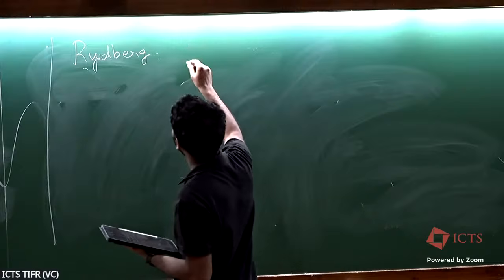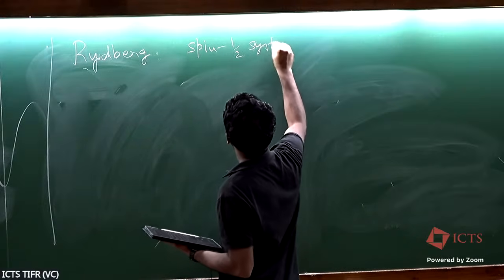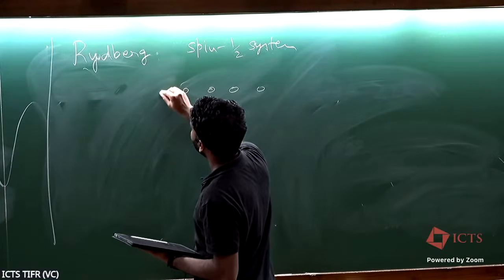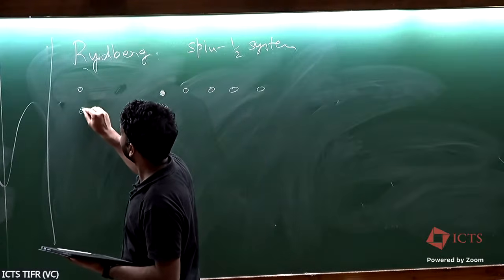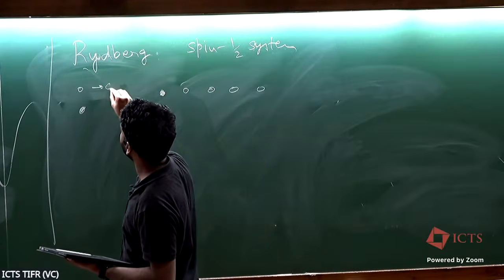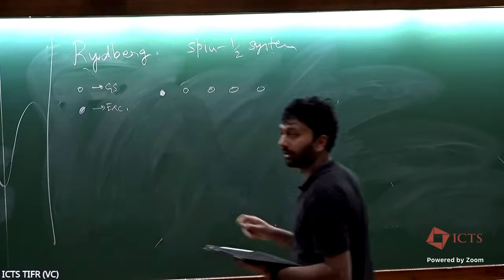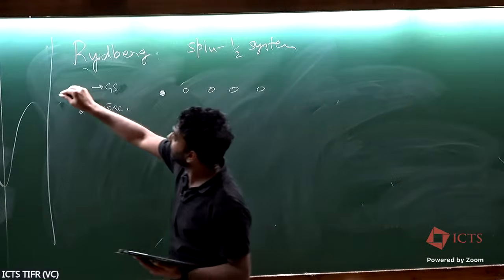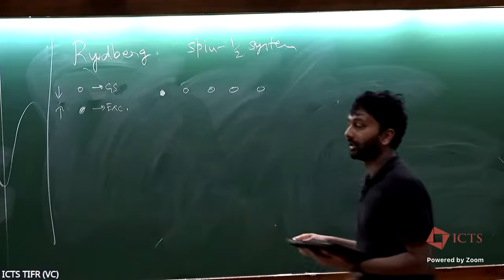You can basically treat this as a spin half system where each Rydberg atom is either in its ground state or in its excited state. So let me call this the down state and this the up state.